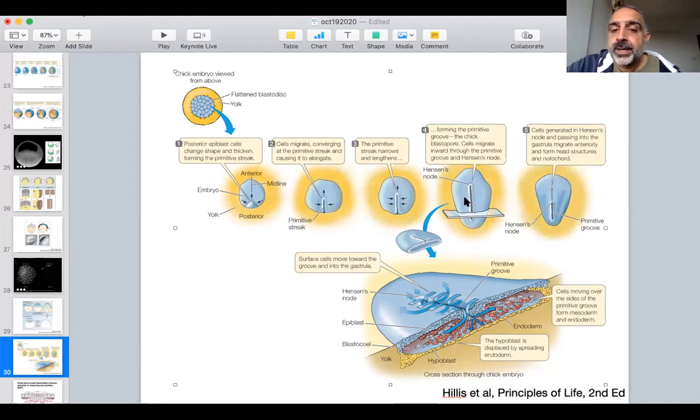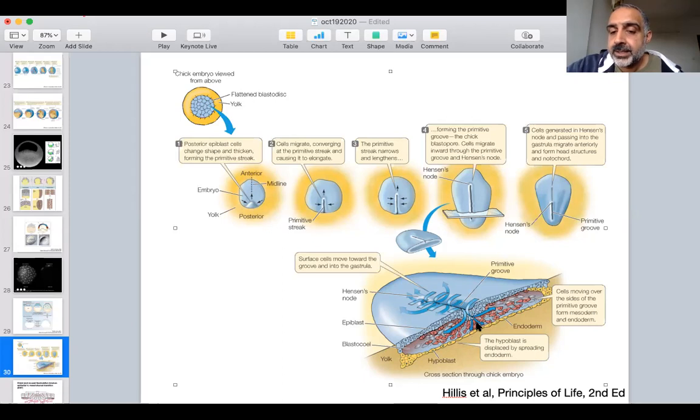The primitive streak is where the mesoderm is being generated. Here, what you're seeing is these epithelial cells transforming into mesenchymal cells and crawling away. Okay, here in chick and mouse, I'll show you mouse in a little bit, these epithelial cells form not just mesoderm but also endoderm.